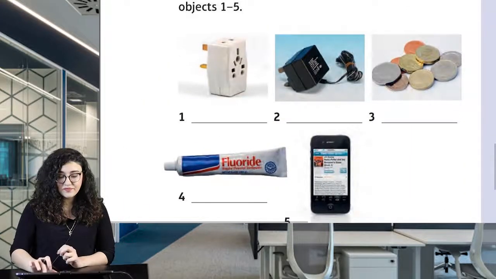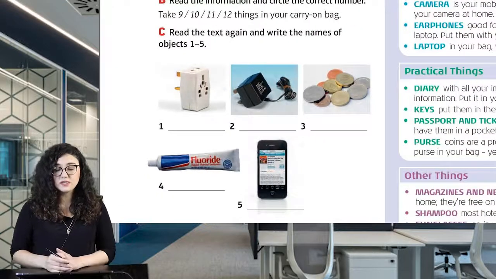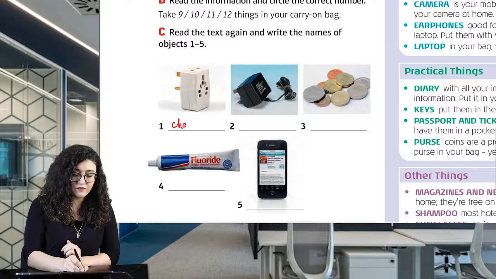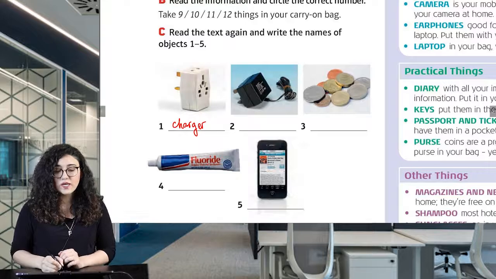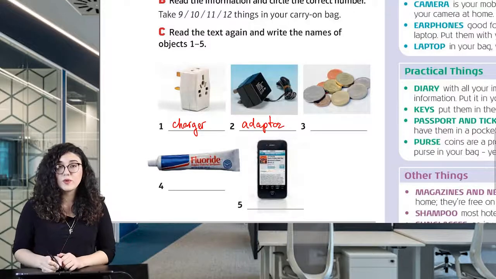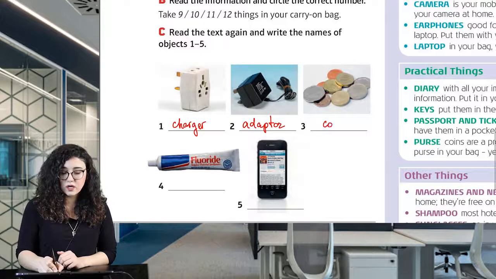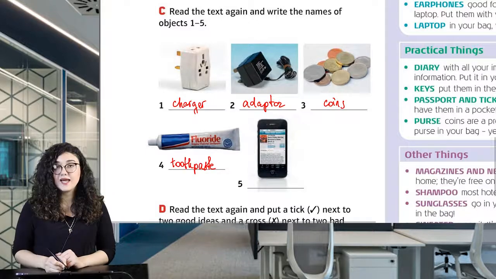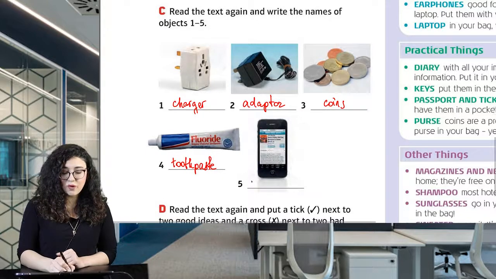Now, if we look at these objects, we can see a charger here. So this is the charger for the phone, charger. Then we also have an adapter. We have coins, we have a toothpaste, and the last item is a mobile phone.